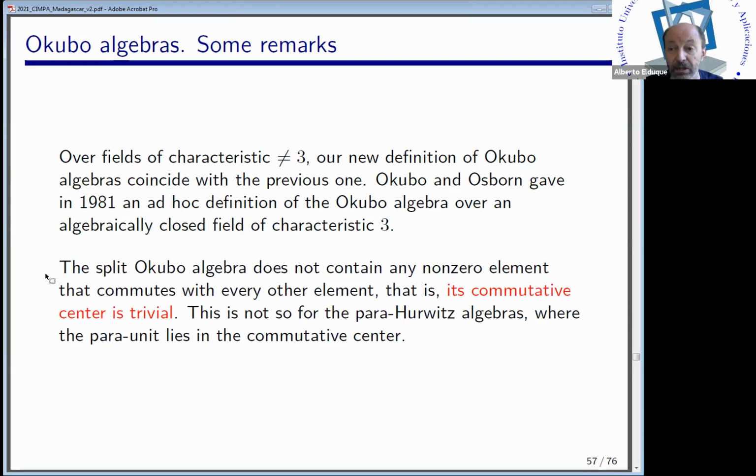The commutative center is always different from 0 because the para-unit commutes with everything. The unity of the Hurwitz algebra becomes the para-unit in the para-Hurwitz algebra, and this commutes with everything. So Okubo algebras and para-Hurwitz algebras always form disjoint families. In Okubo algebras, the commutative center is always trivial. In para-Hurwitz algebras, it's never trivial.